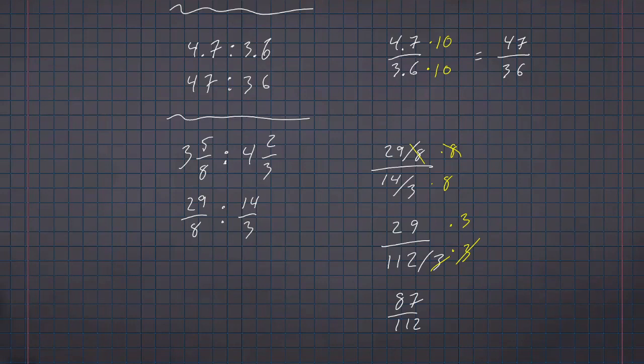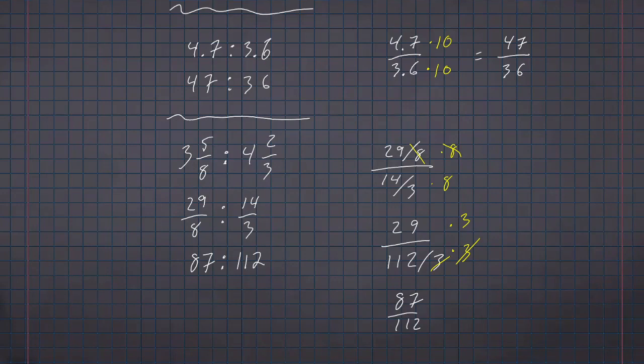So the ratio of 3 5/8 to 4 2/3 is the same thing as the ratio of 87 to 112. That's really all there is to the idea of ratios.